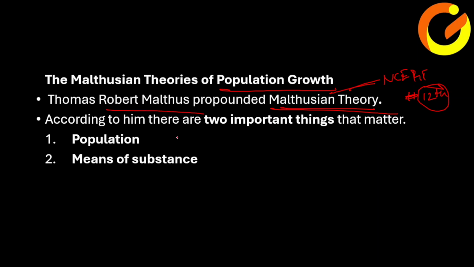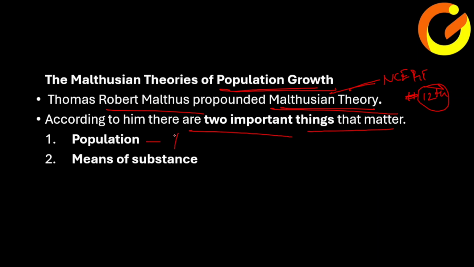Thomas Robert Malthus is also an economist. Actually, he propounded many theories. Out of that, the Malthusian catastrophe or the population growth theory with respect to demography is very famous, right? According to him, there are two important things that matter in a country. One is population.